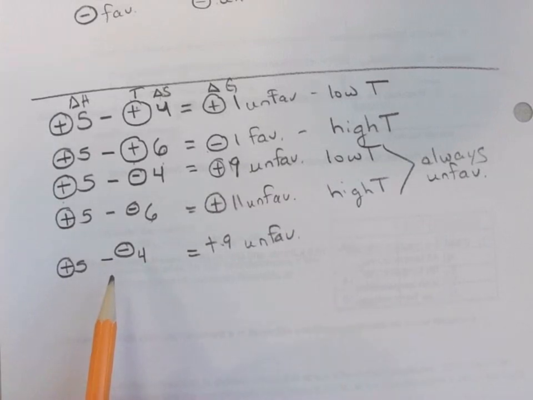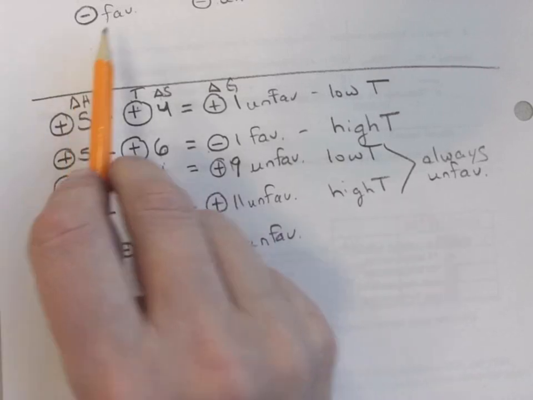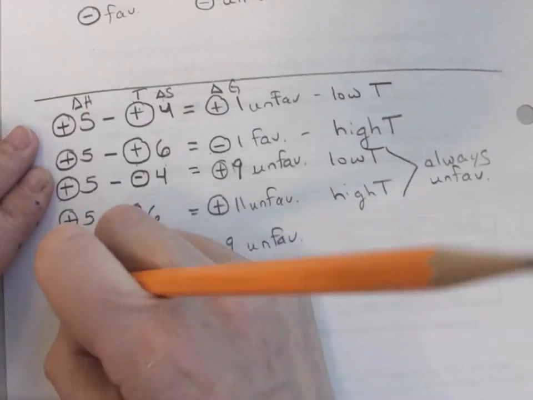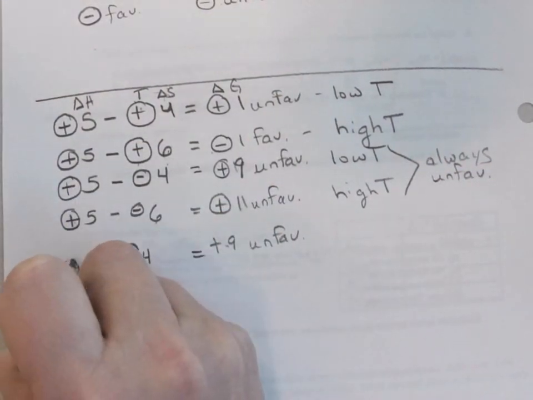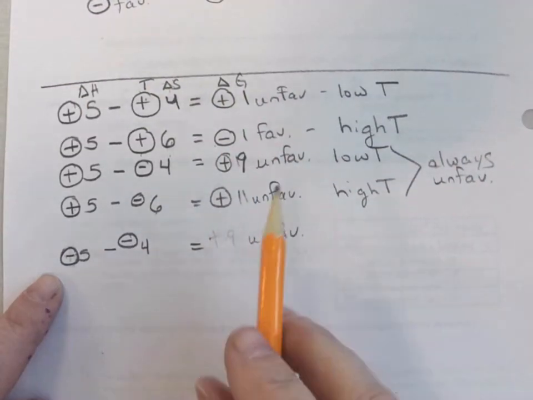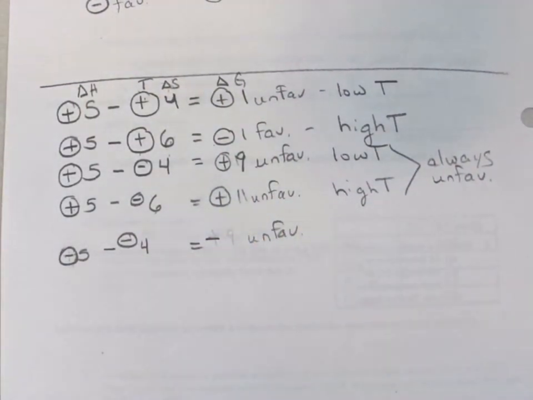Wait a minute, what did I do? Pardon me? They're both negative, so positive, positive. So it's going to be unfavorable at high temperatures, but at really low temperatures, oh, you're right. Thank you. I'm sorry, I messed that up. So at low temperatures, that's where I'm like, this isn't working the way it's supposed to.